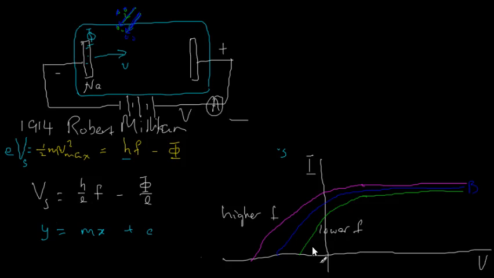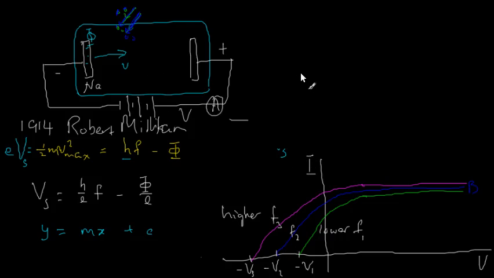So let's say for this value of f, when I use green light, the stopping potential would be, say, this value. Let me call it V1. So that has a minus sign. Let's say when I use blue light, for the green light the frequency is f1. For blue light, let's say the frequency is f2, and the stopping potential is minus V2. For the violet light, let's say minus V3 is the stopping potential, and the frequency is f3.